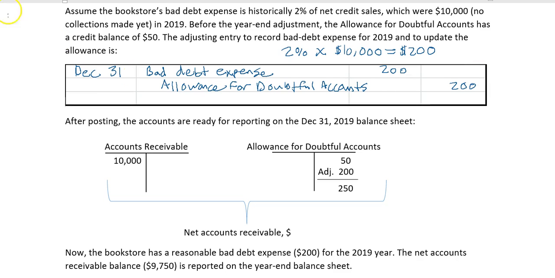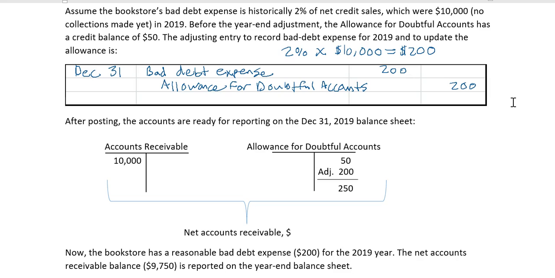So you'll note up here it says we have a credit balance of $50. So that means there's $50 worth of water already in the bucket. However, under this method and this method only, we're not concerned with what's already sitting in the bucket.